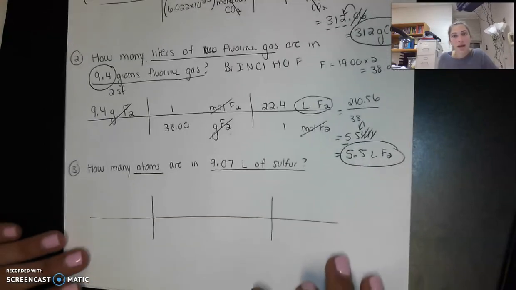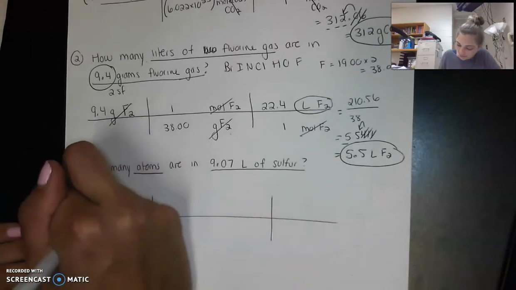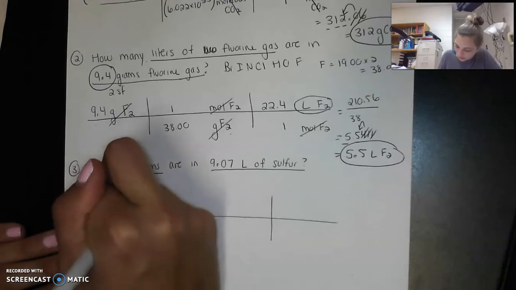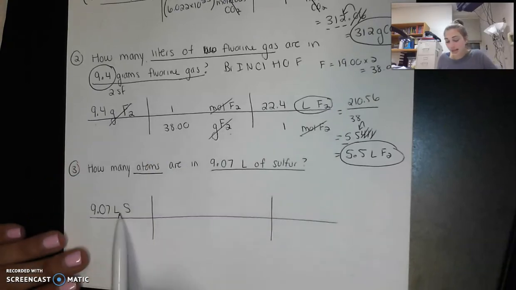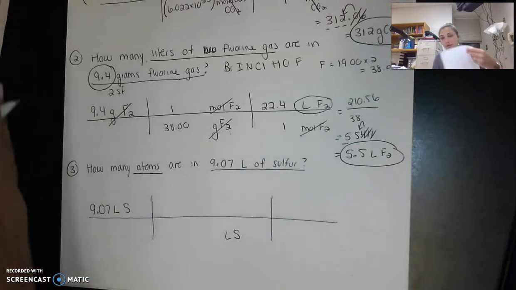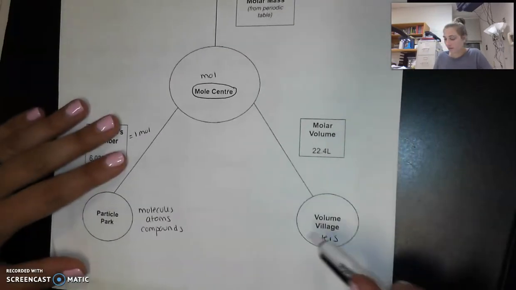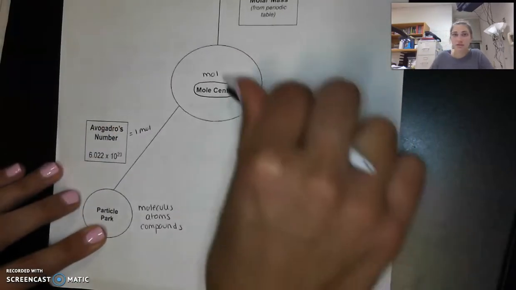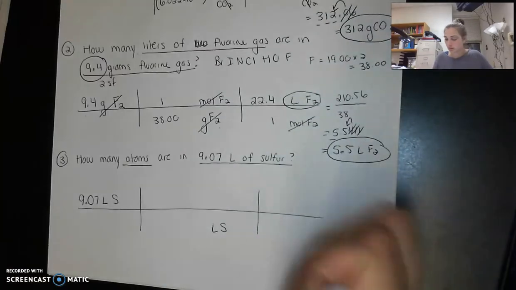All right. I always put what I'm starting with in my top left. So that is 9.07 liters of sulfur. I don't want to stay in liters of sulfur, so I put that in the bottom so it will cross off. Now if I go back to my mole town, going from liters to particles, my first stop is moles. So that's going to be my first unit.